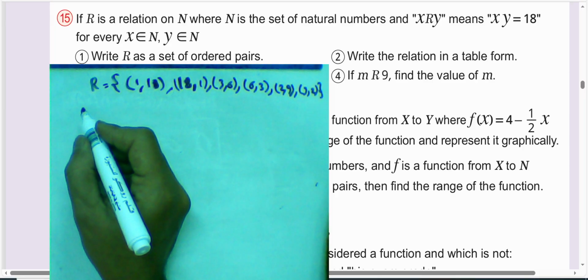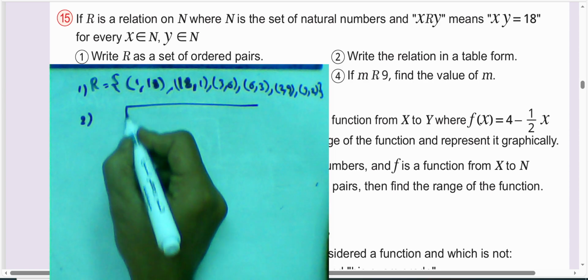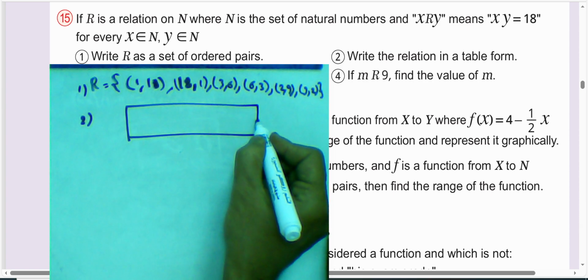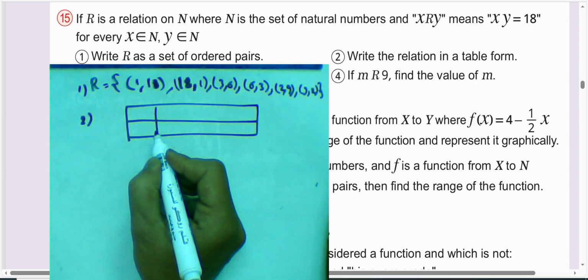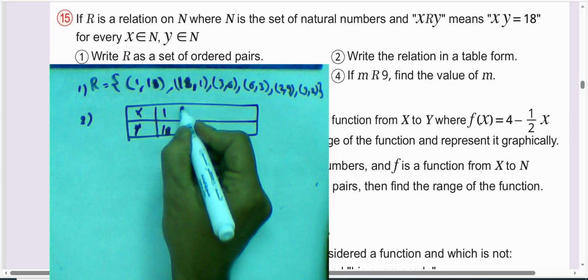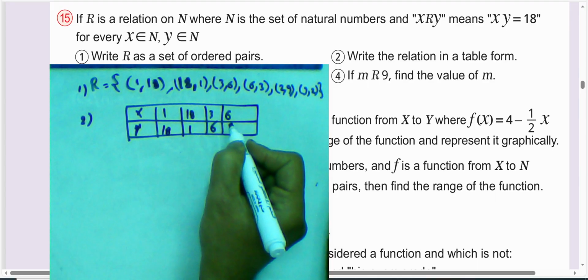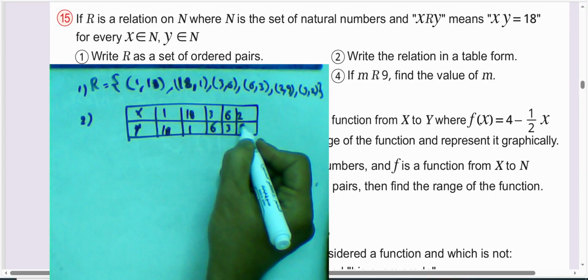Number 2: write the relation in a table. You can draw a table like this. Write x and y. We have 1 and 18, 18 and 1, 3 and 6, 6 and 3, 2 and 9, 9 and 2.